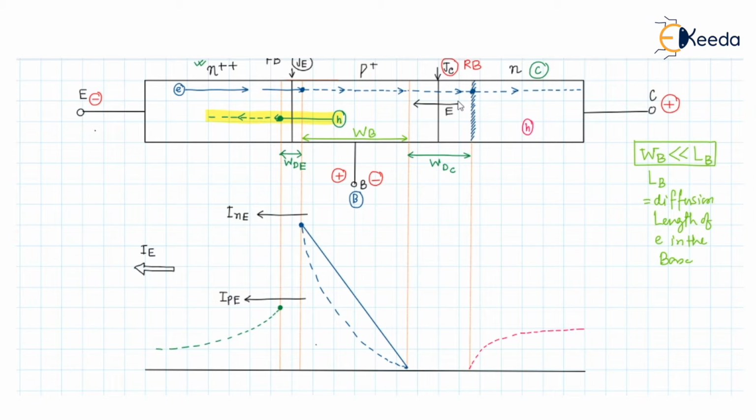Similarly, in the collector region, we will have a total collector current like this, in this direction, the inward current IC.